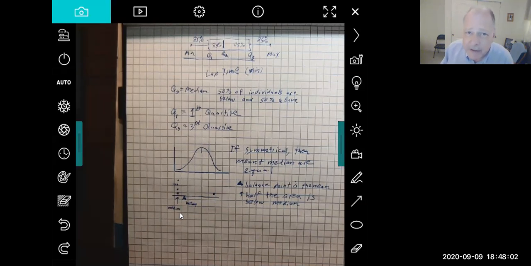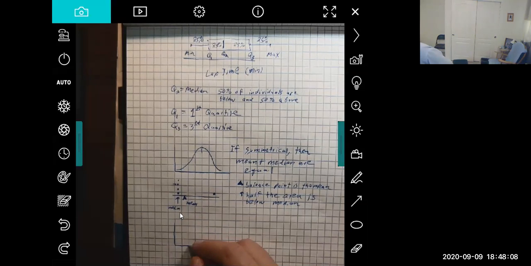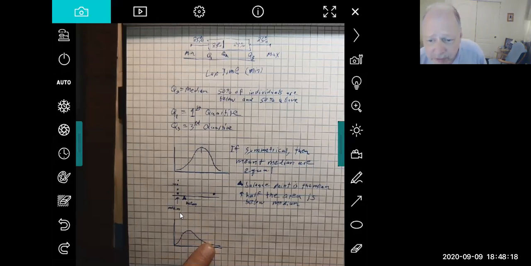So what happens if a distribution is not symmetrical? If you get something like that, what you've done is you've just added a small number of individuals at the very high x values. And so you've made the distribution stretch off to the right.